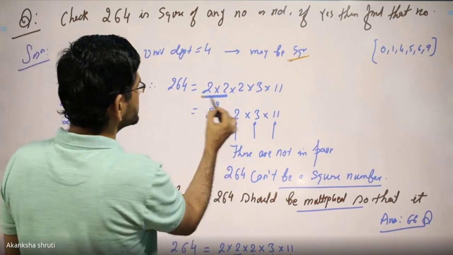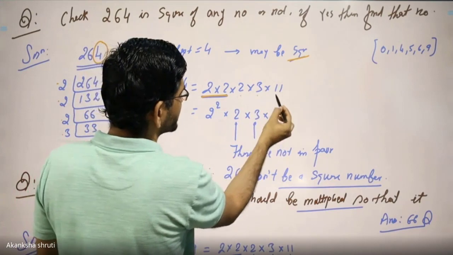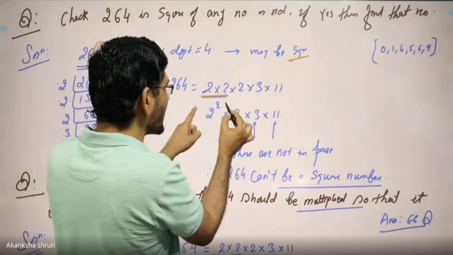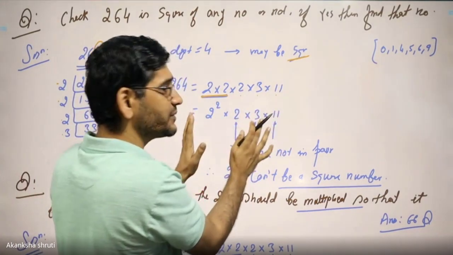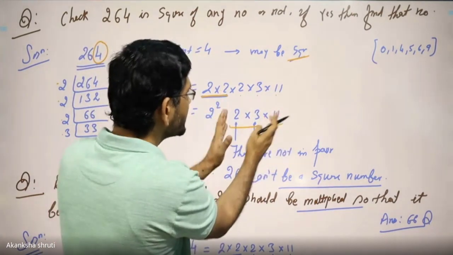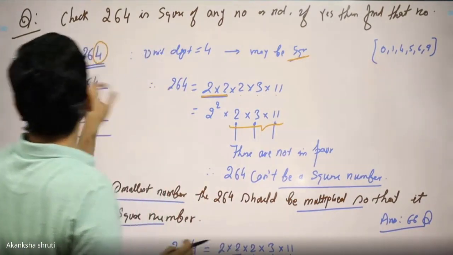Here these two 2s can be paired, but this 2 remains unpaired, this 3 remains unpaired, this 11 remains unpaired. It means the power 2 for any base cannot be written here. So these remain unpaired or ungrouped. Therefore, it is not a square.